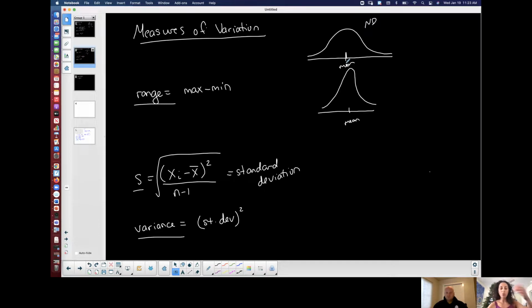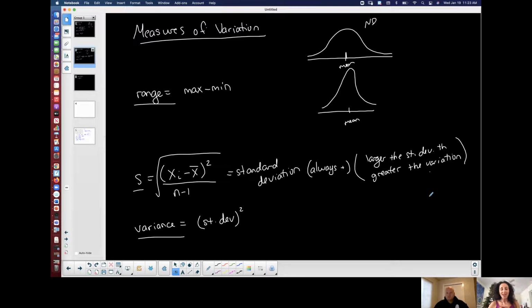So that's one way to talk about standard deviation. It is also always positive. Make sure it's always positive. And the larger the standard deviation, the greater the variation. Actually, let me write that. The larger the standard deviation, the greater the variation in your data set. Very important.